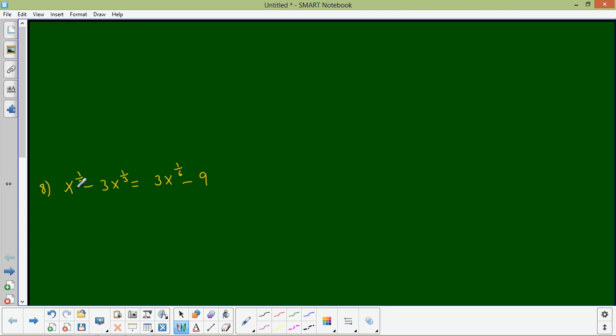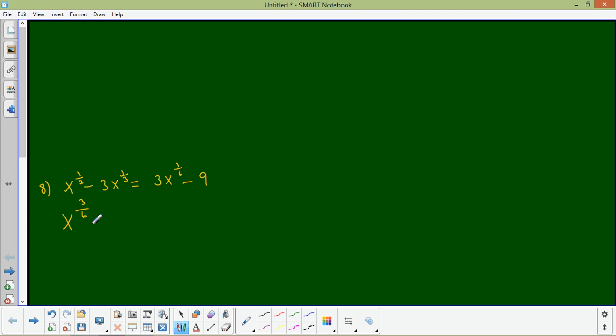And so we've got x to the 1/2, minus 3x to the 1/3 equals 3x to the 1/6 minus 9. The first thing I'm going to do is get exponents with the same denominator.